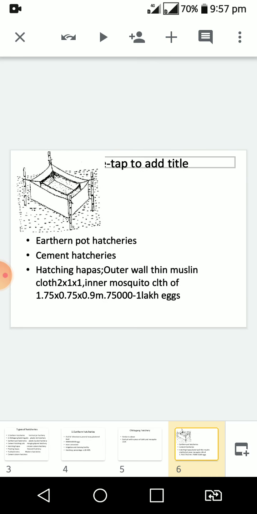There are hatching hoppas which have an outer wall of thin muslin cloth and an inner mosquito cloth. These hatcheries accommodate 75,000 to 1 lakh eggs.